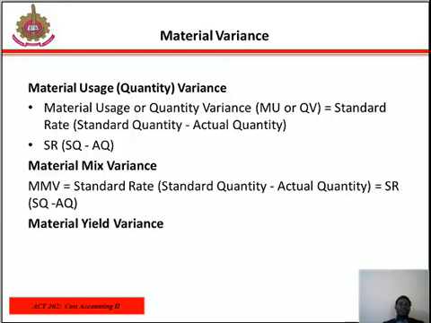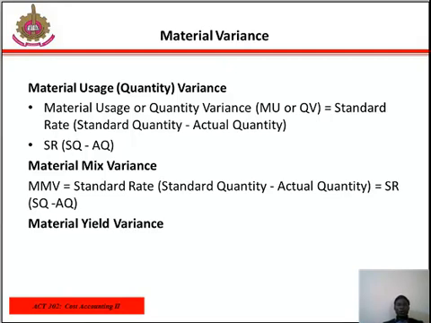And we have material mix variance, which equals standard rate times standard quantity minus actual quantity, that is SR in bracket of SQ minus AQ, because we are taking standard rate to be the subject of the formula.